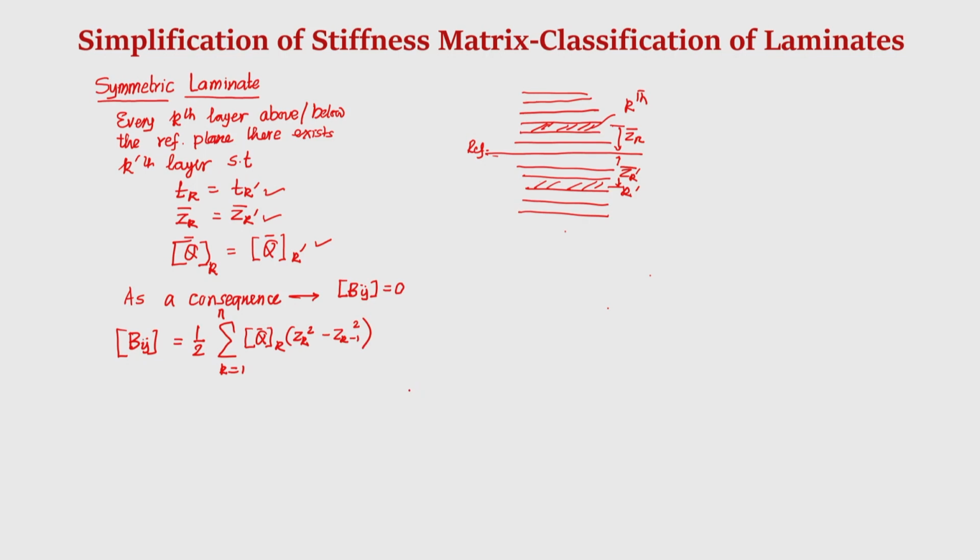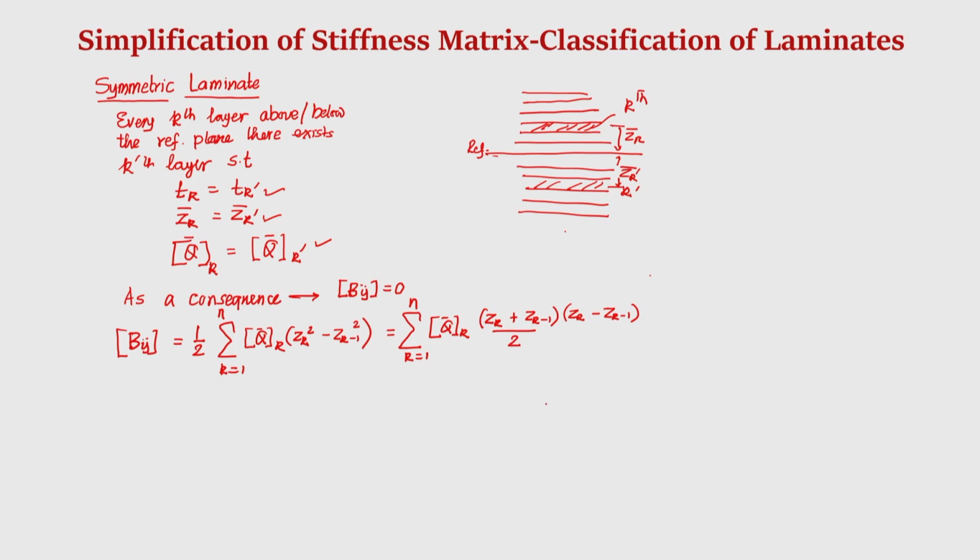So, this is the definition of B matrix. Okay. Therefore, we can write this as q bar k into z k plus z k minus 1 into z k minus z k minus 1, now this divided by 2.